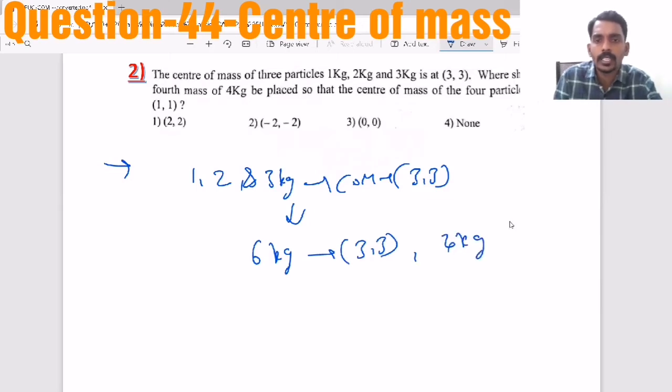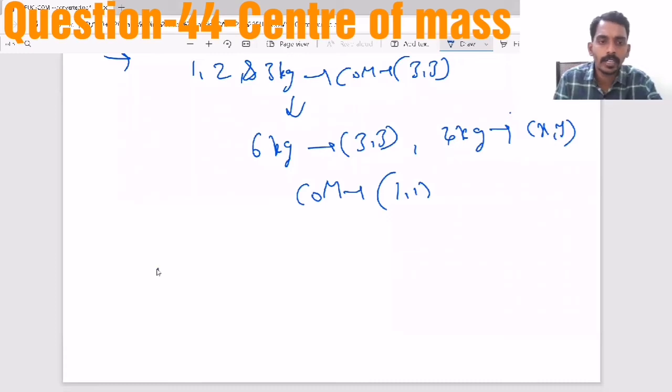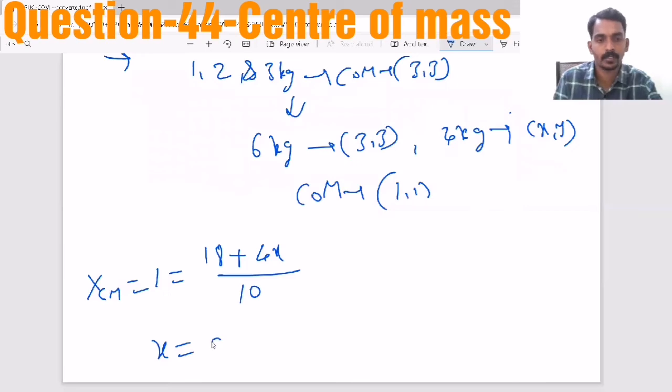Another one is 4 kg at a point we don't know, let's say x, y. And their center of mass is at 1, 1. Then for the x coordinate, 1 equals 6 times 3, that is 18, plus 4x, by 10. If you solve it, x will become 2.